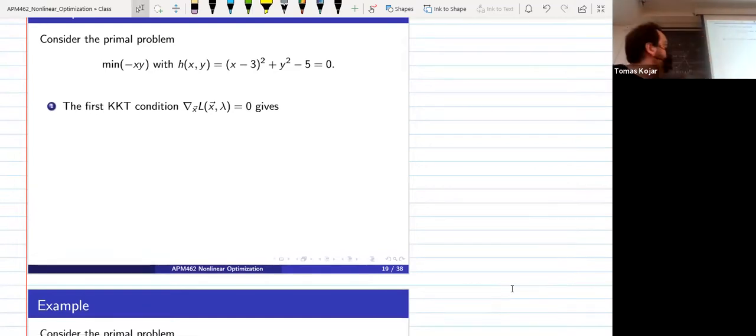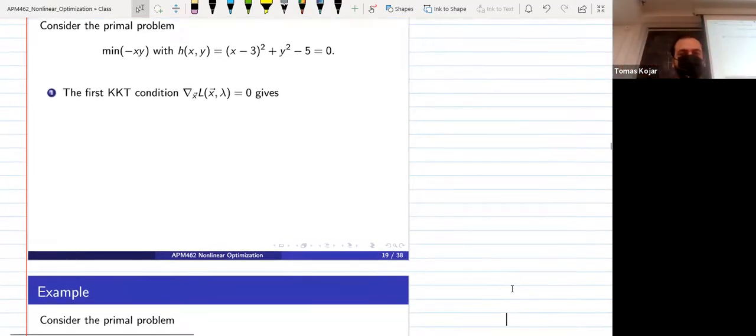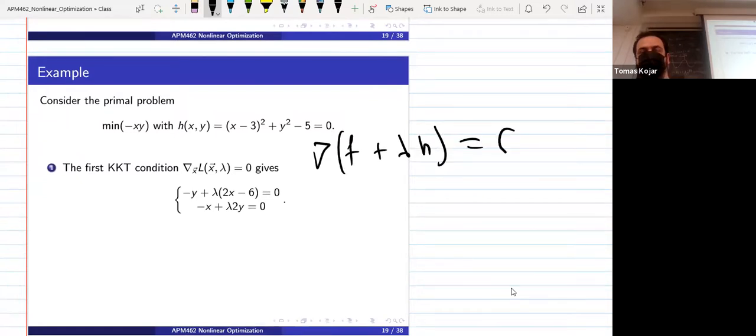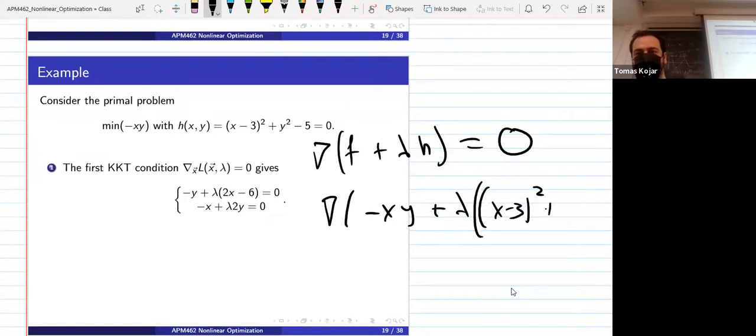First, you need to do KKT. If you do that, you get the following system. So you have gradient of f plus lambda h equal to 0. So you have the gradient of minus xy, and x minus 3 squared plus y squared minus 5.